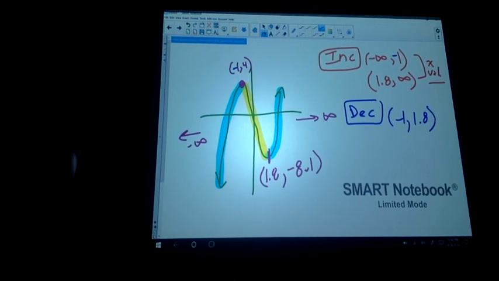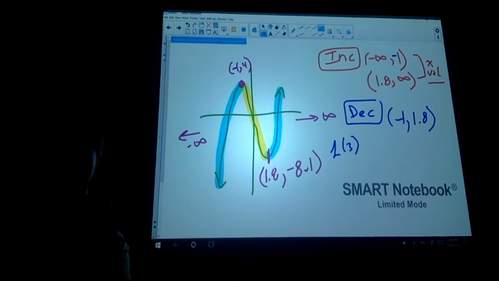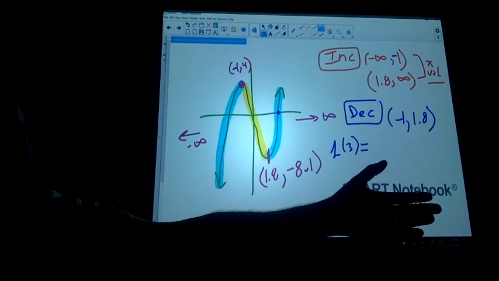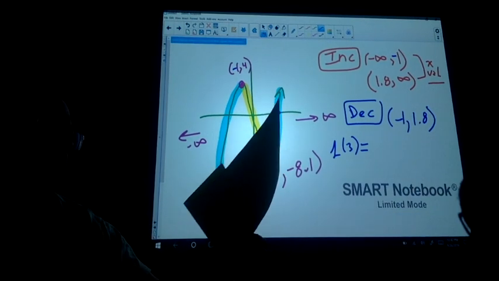That's where it's decreasing. If we wanted to know what the function at 3 was equal to, I'm going to count over to 3. 1, 2, 3. It appears to be right here. So the function at 3 is at? What do you think? If this is 3 right here, what's the function at 3? Not here.